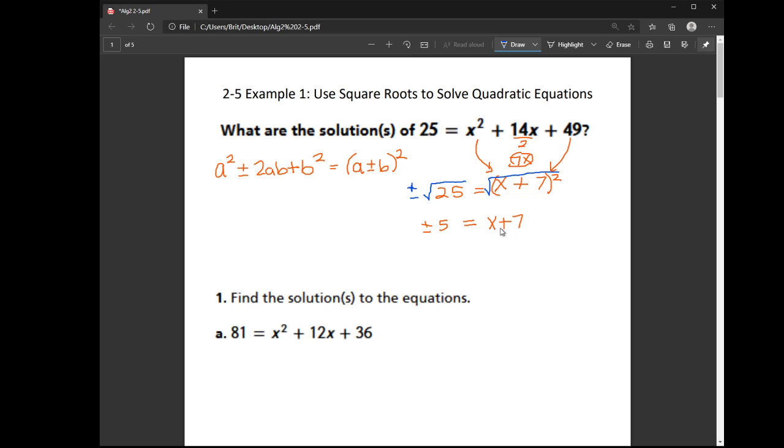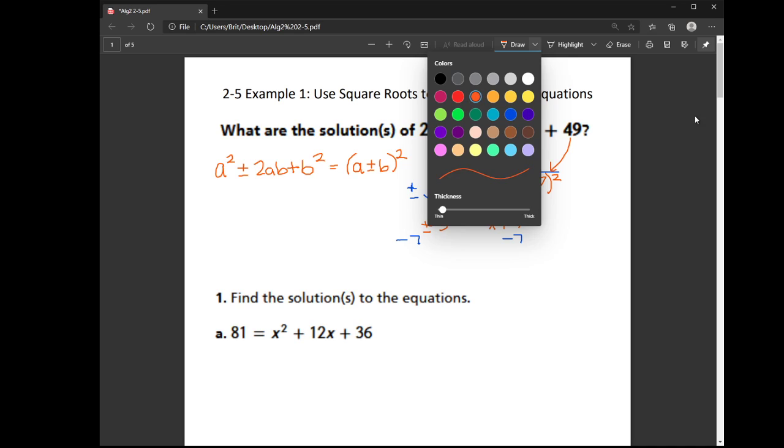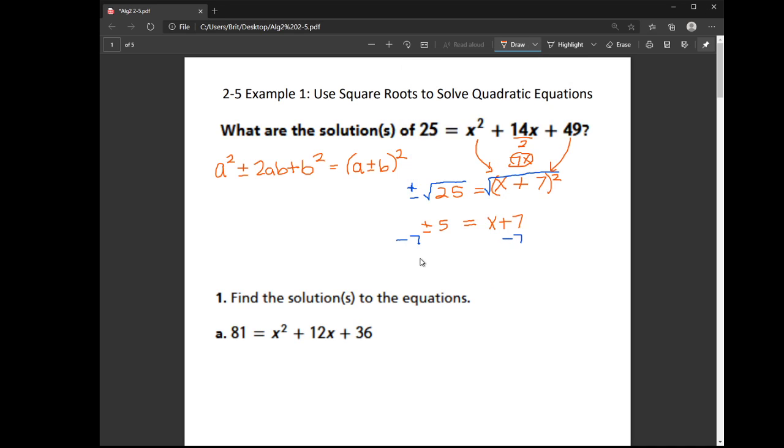Now we need to get x alone, right? So to isolate it, I'm going to subtract 7 from each side. So here I get negative 7 plus or minus 5 equals x. Now we're normally looking just for two numbers, right? So we need to split this apart now.